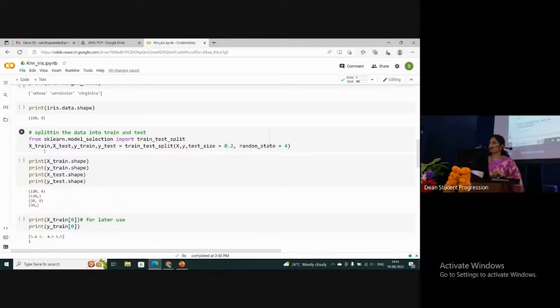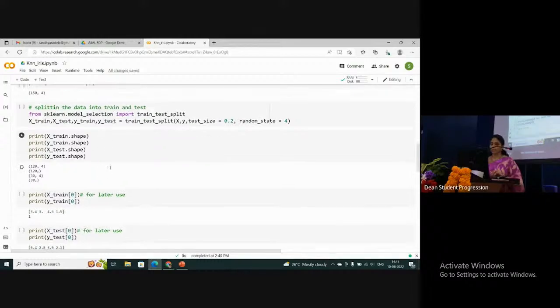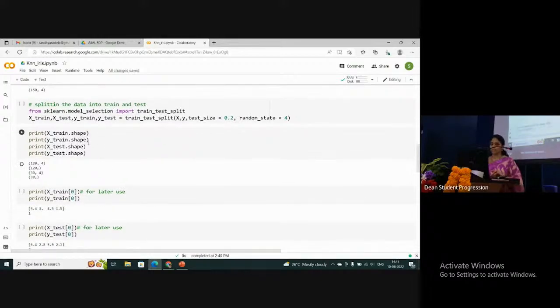In this case, X_train will contain those 120 tuples with sepal width, sepal length, petal width, and petal length, and Y_train will contain the respective 120 class labels. X_test will contain the 30 tuples which are to be classified, and Y_test will have the class labels of those 30 instances. If you can see X_train.shape, you have 120 comma 4.